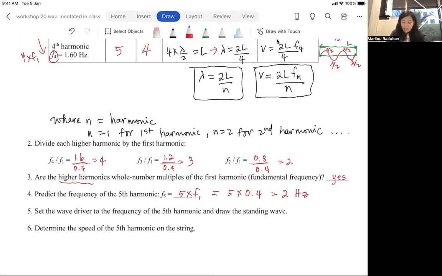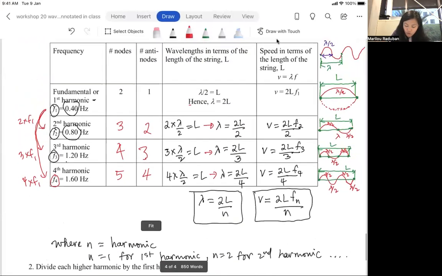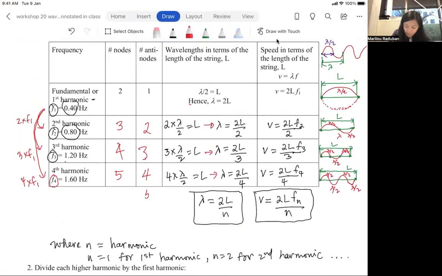Right, and you can set the driver to determine the fifth harmonic. Okay, how many antinodes should you have? You should have 5 for the fifth harmonic. F5 is equal to 2 hertz. You should have 5 antinodes and you should have 6 nodes.